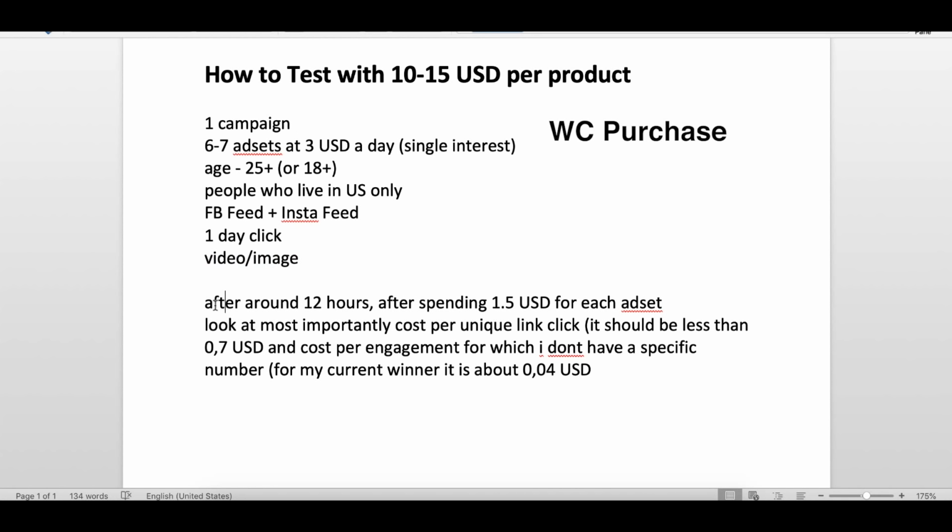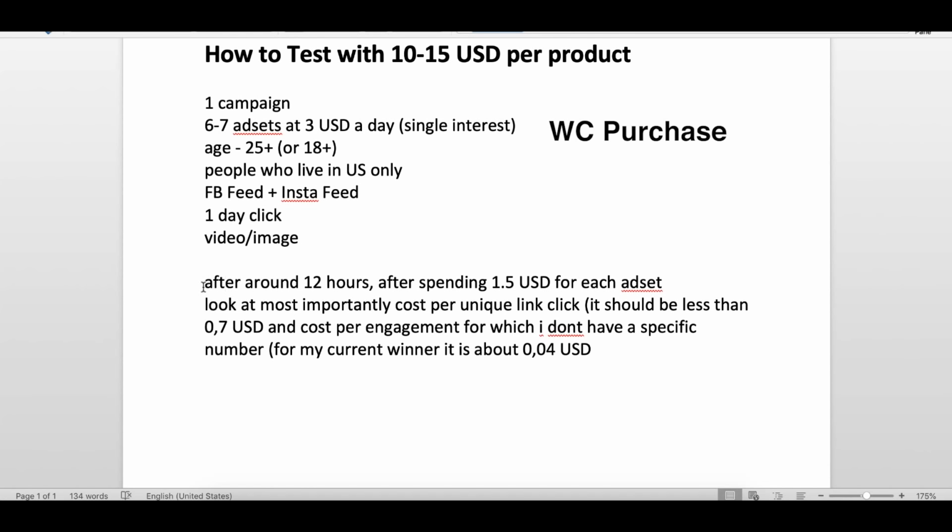You start at the midnight of the ad account. That's when it starts. And after around 12 hours, which is about after spending around $1.5 for each ad set, look at the cost per unique link click. There is no rule, but generally it should be less than 70 cents, around that.